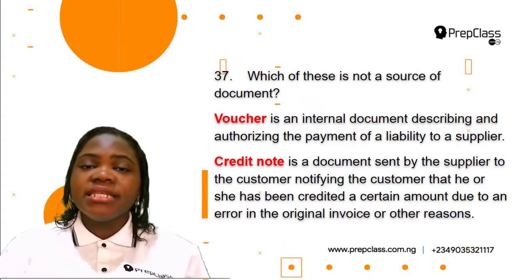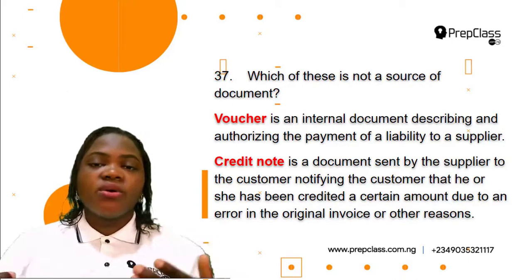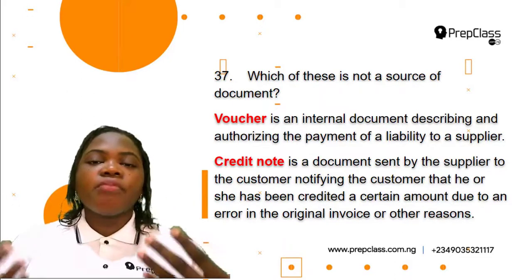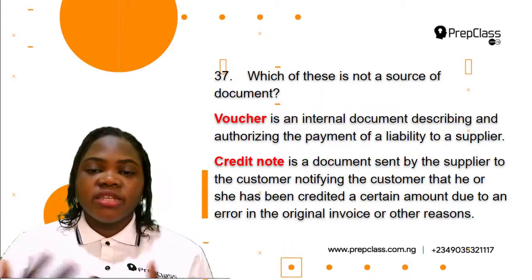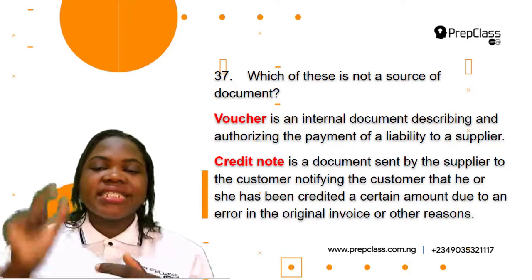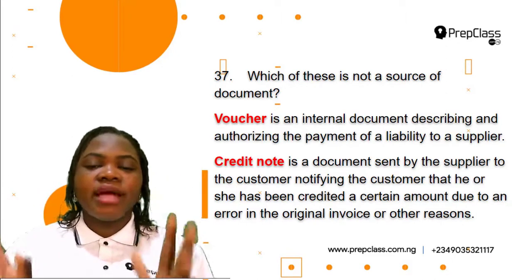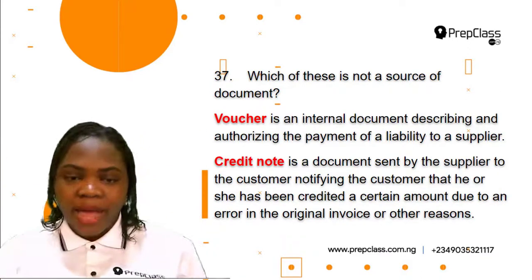Do you know what liability is? Liability is something owed, something someone or a company owes. This could be money, it could be goods or services.